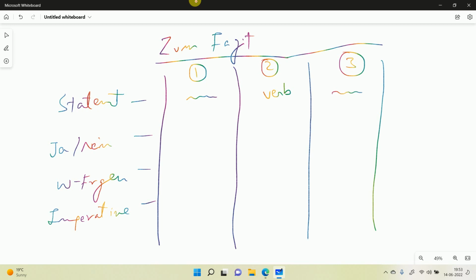Just hold on. In ja/nein Fragen, there will be the verb at the first position, then comes the subject, and then comes etwas. By the way, whenever you are talking in German, you will be calling it Subjekt. Okay. Also, in W-Fragen, the erste Punkt, we use a W-Frage.